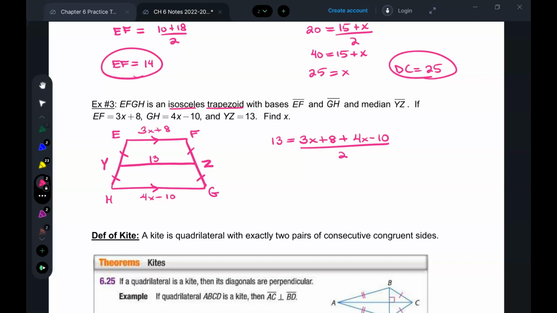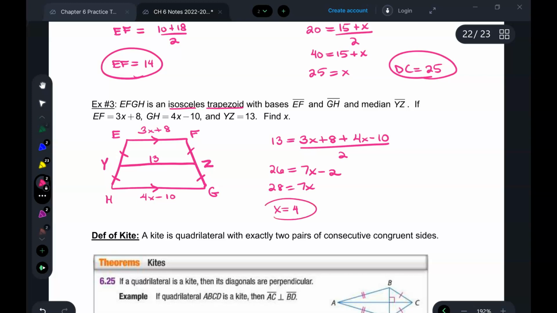Please look at the board, and I will freeze the screen. My brain hurts. You can do it. X equals 4.